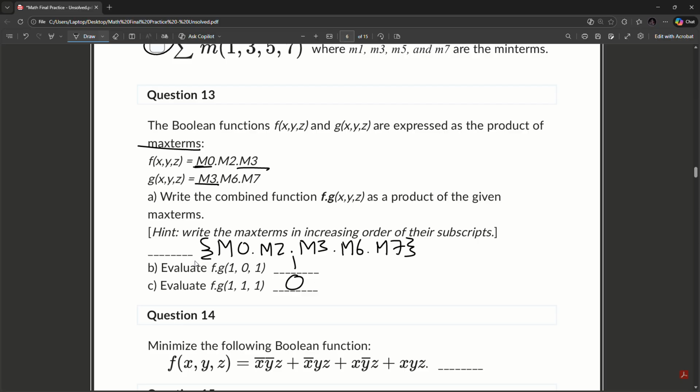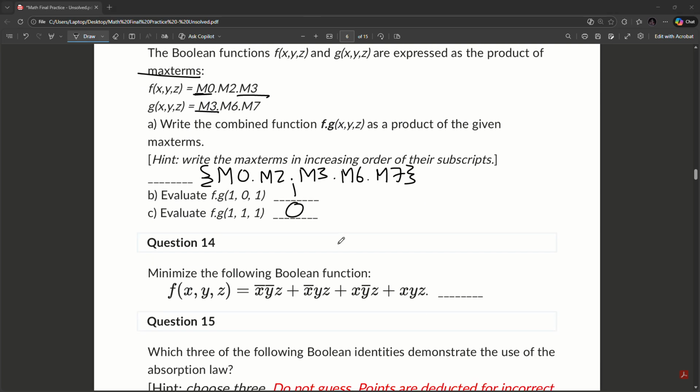So the best way for me to say it is: is 5 inside the list? Yes or no?